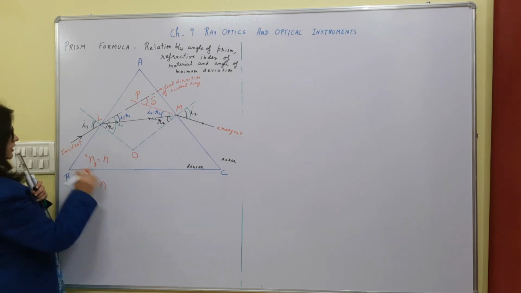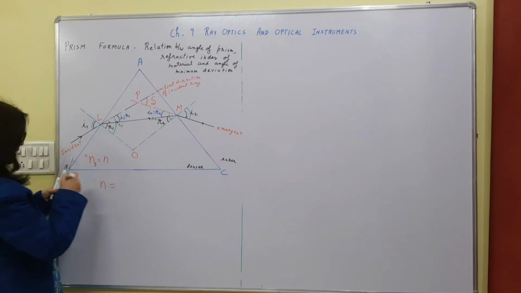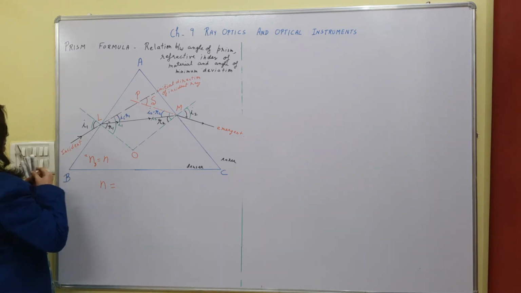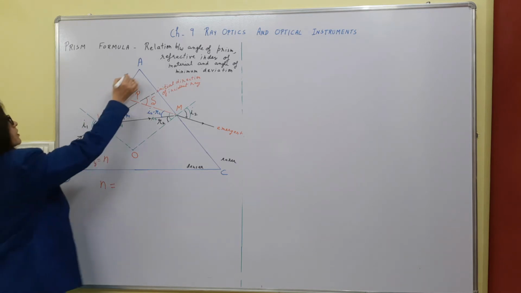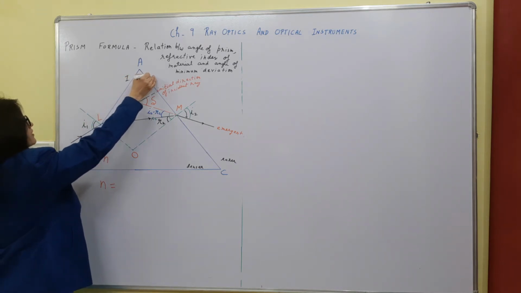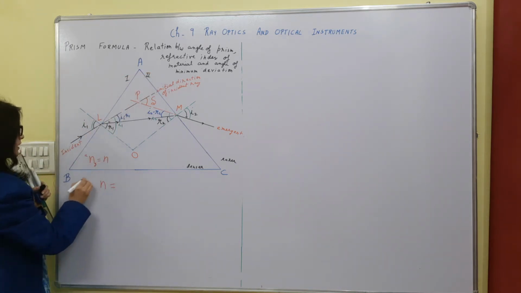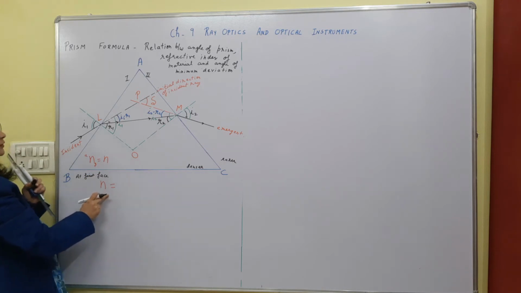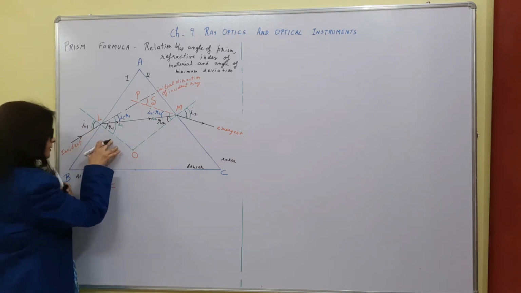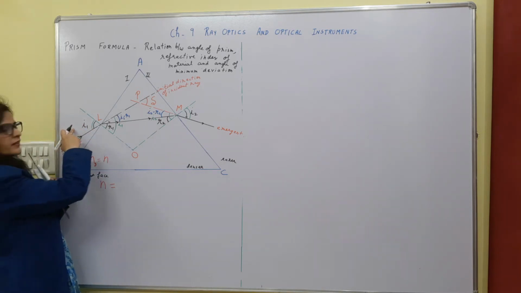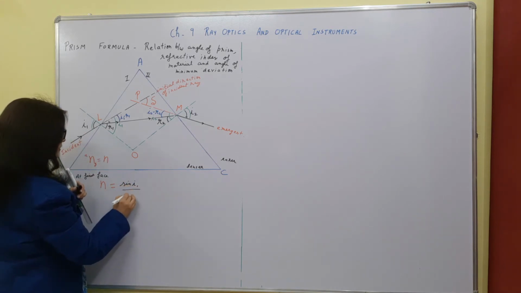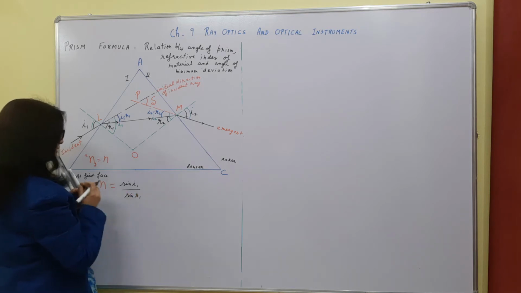Refractive index of glass with respect to air is, at the first face, N is equal to, if we are writing for this medium, then the opposite medium will be written in the numerator. So this will be sine I1 upon sine R1.